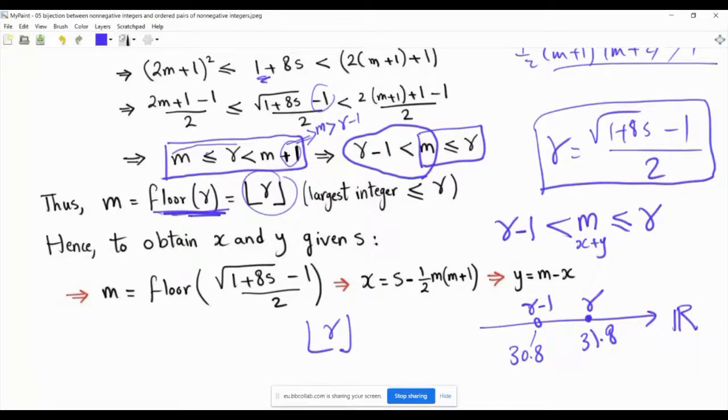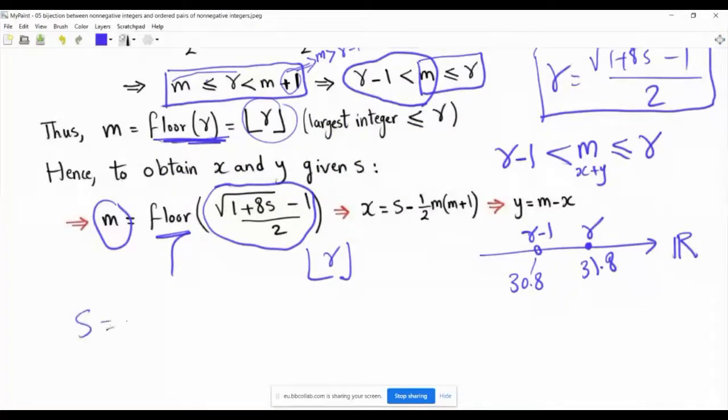And gamma is something that you can compute knowing S. So this is great. Knowing S, we can compute gamma, we can take the floor, and this will be M. Remember that S is equal to x plus half M plus 1. So if we compute M, then we can compute x, because x will be S minus half M plus 1.